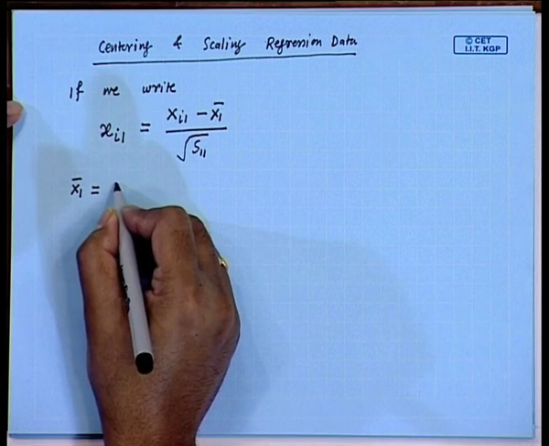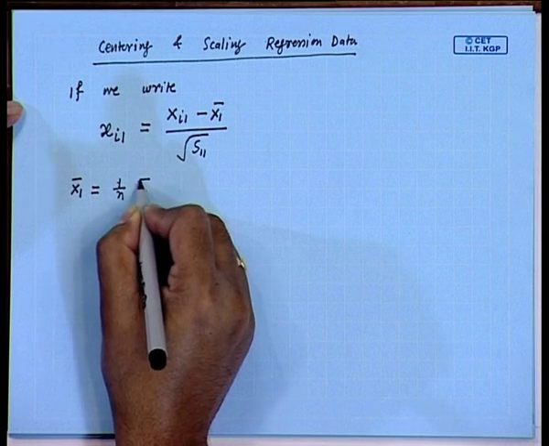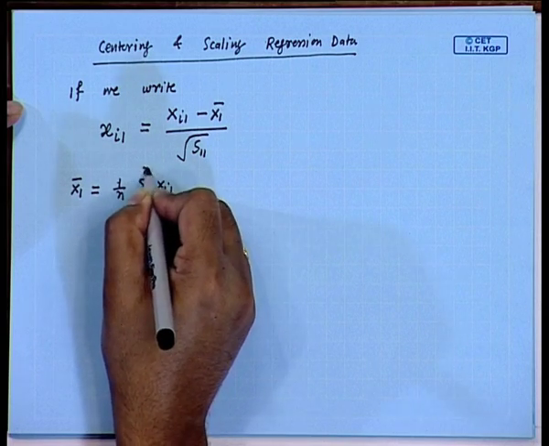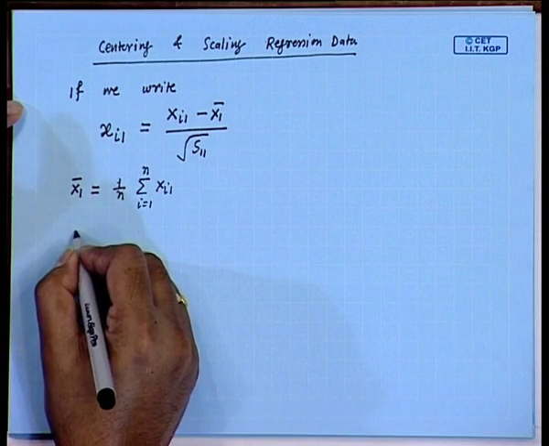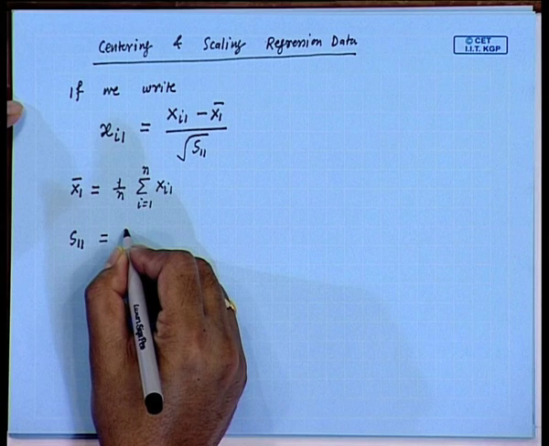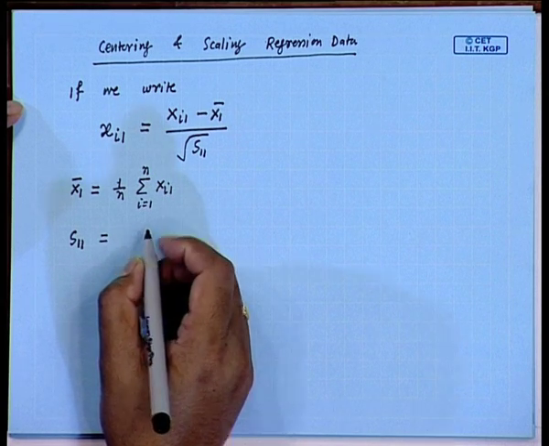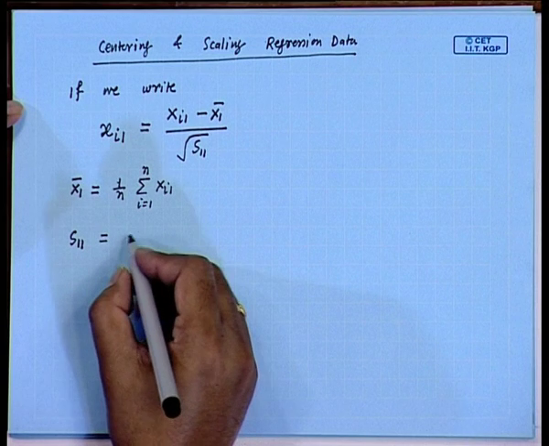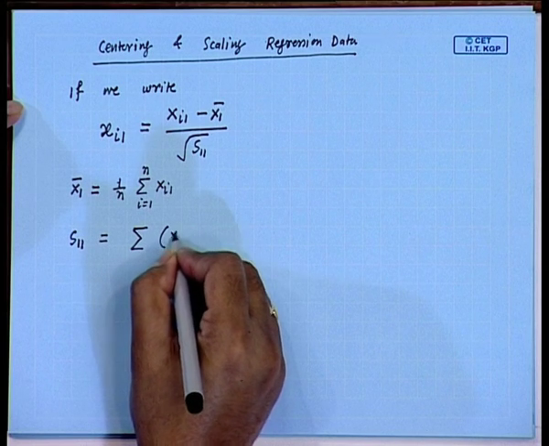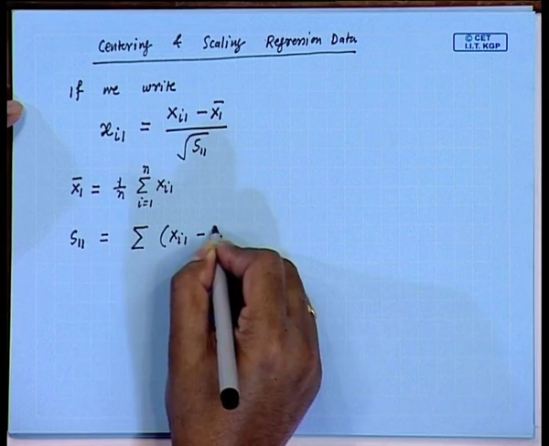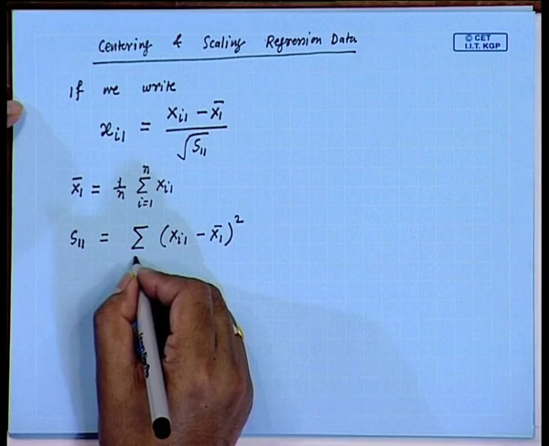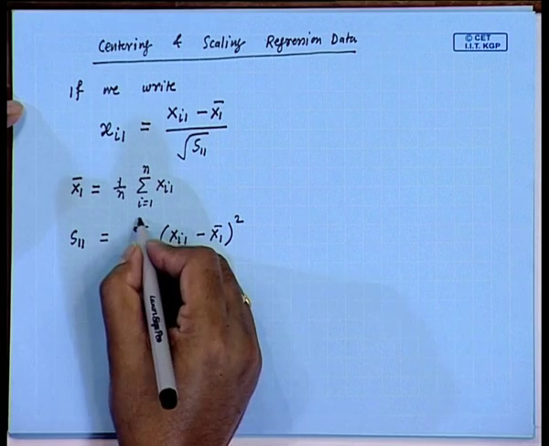So, this is equal to 1 by n summation x_i1, i equal to 1 to n, and S11 is equal to the summation of (x_i1 minus x1 bar) whole square, sum over i equal to 1 to n.